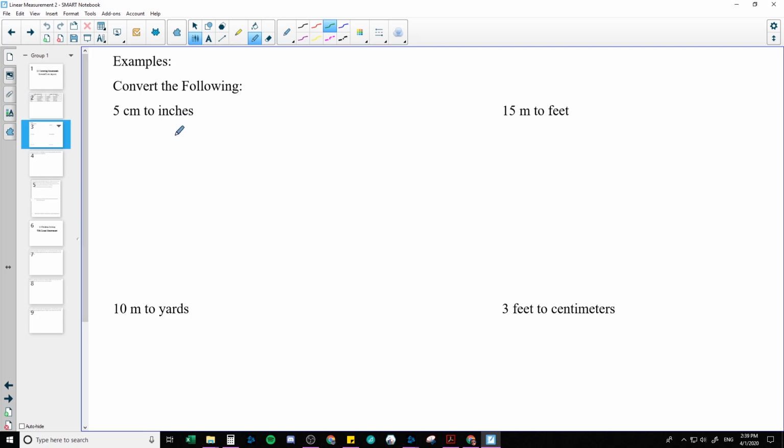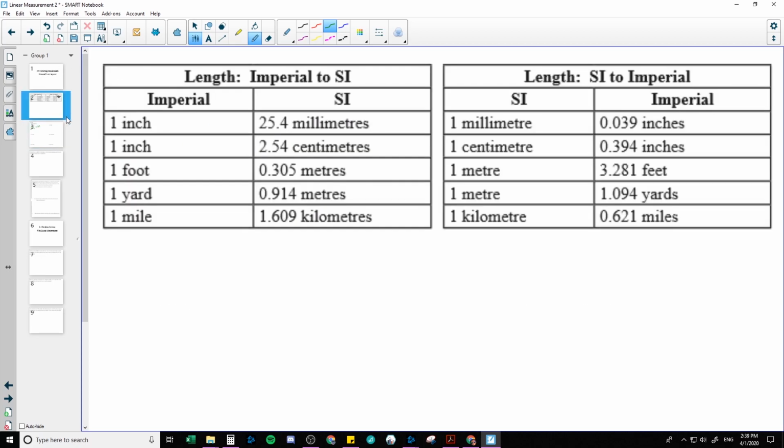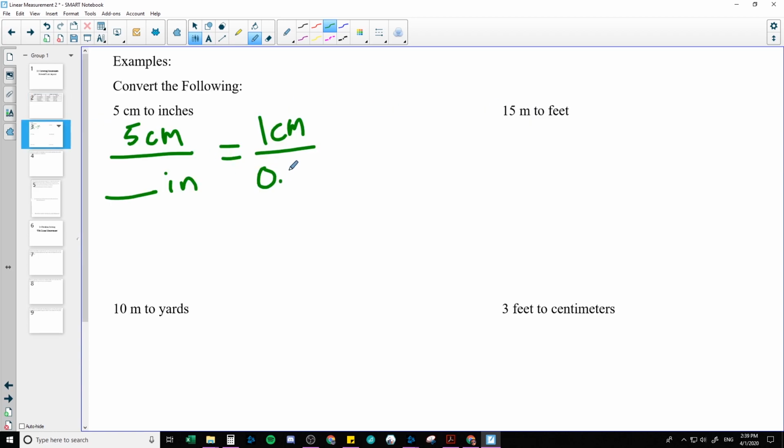The first question that we've got here is asking us to convert 5 centimeters into inches. Okay, just like last time, we're looking for how many inches is 5 centimeters. Now what we're going to have to do on this side is 1 centimeter is how many inches. Let's take a look. 1 centimeter is 0.394 inches.